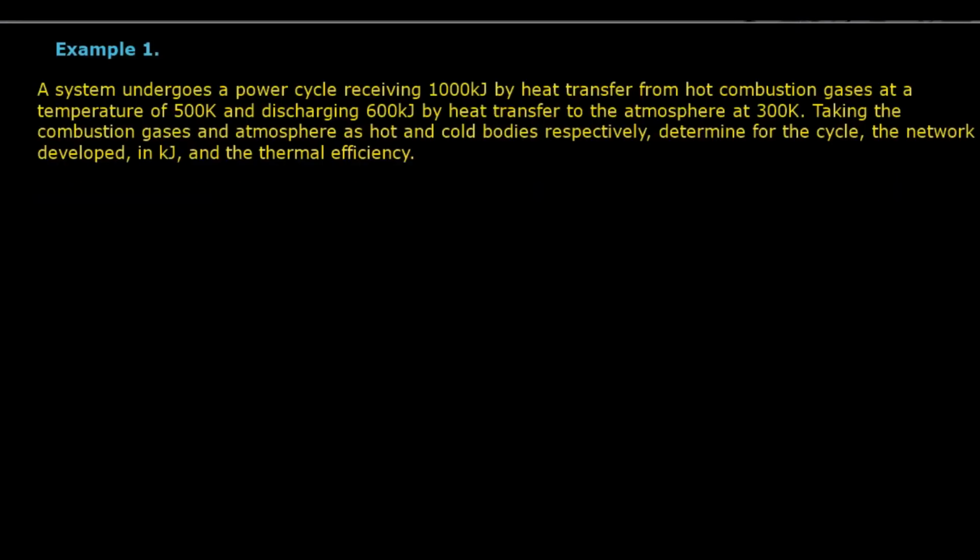So, example 1. A system undergoes a power cycle, receiving 1000 kilojoules by heat transfer from hot combustion gases at a temperature of 500 Kelvin, discharging 600 kilojoules by heat transfer to the atmosphere at 300 Kelvin.